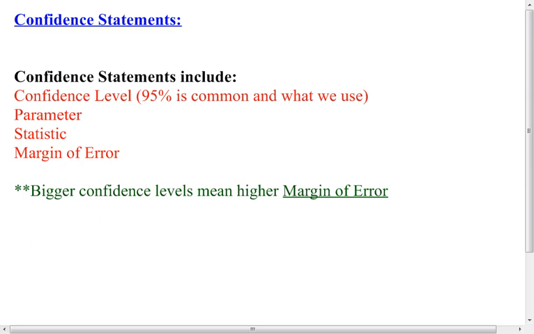So you have to leave yourself more room for error when you choose a higher confidence level. So again, if I say that I'm 99% confident, I am more likely to be wrong than if I say I'm only 95% confident. The chances of that actually coming true are more likely than someone who has to get 99. Okay, so that's why higher confidence levels have to come with higher margins of error.